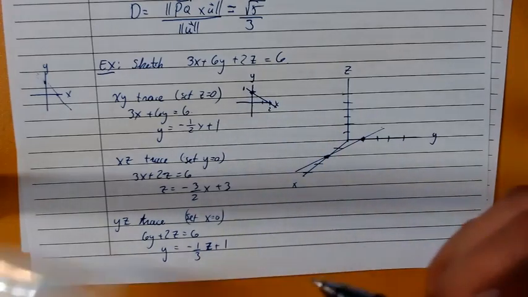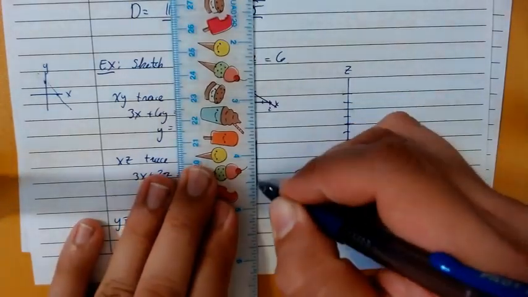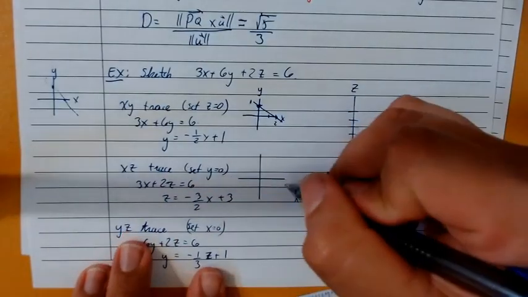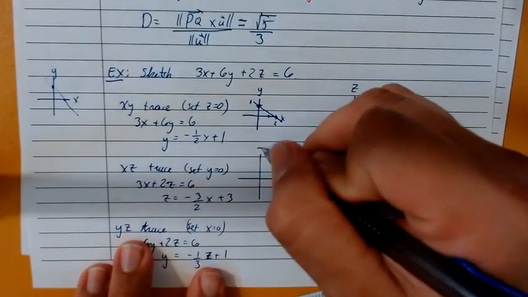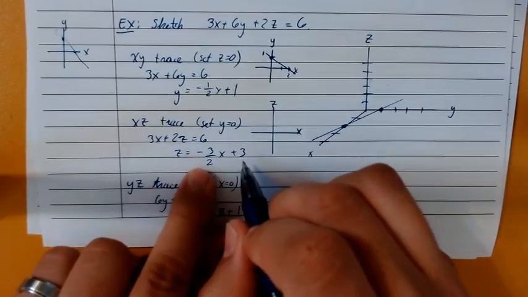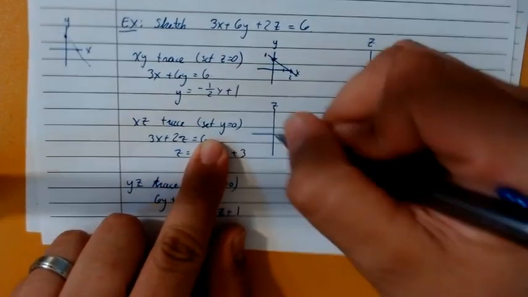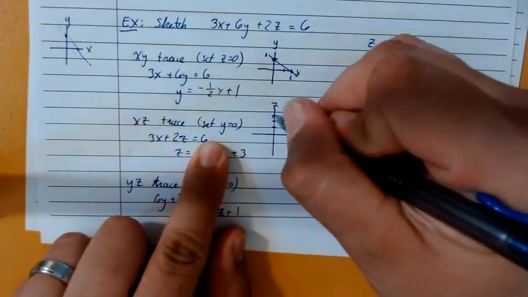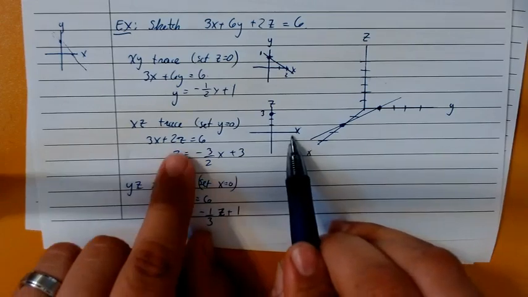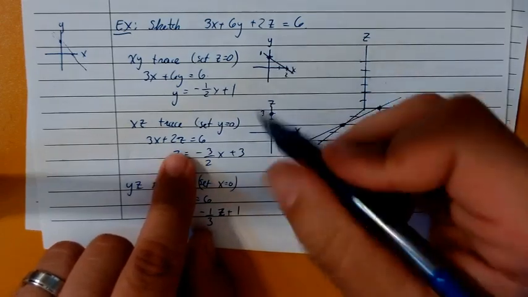Same thing over here. If I draw this just on its own separate little plane, notice that is not the xy plane anymore. That's now the xz plane. Okay, but still, that's going to be when x is equal to 0, z is equal to 3. So 1, 2, 3. And then when z is equal to 0, it looks like x is equal to 2.